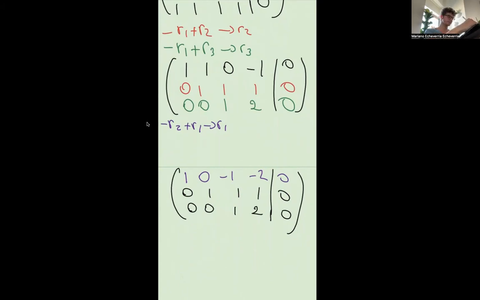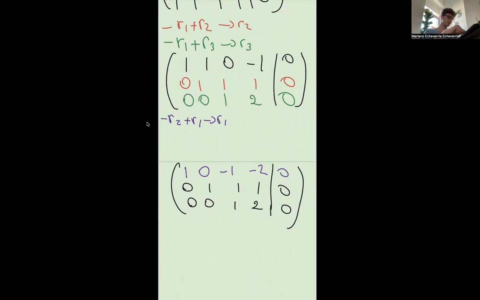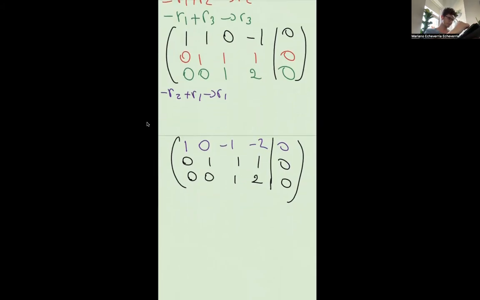Yeah, and then to finish reducing the matrix, you just put two more zeros. You could do row 3 plus row 1 into row 1, and then you could do minus row 3 plus row 2 into row 2.